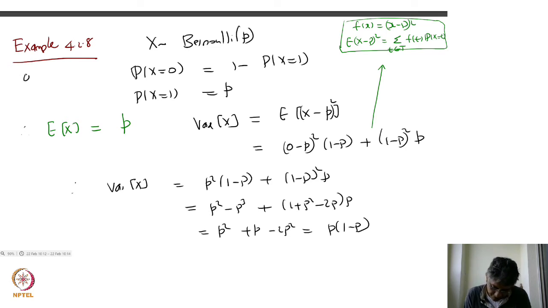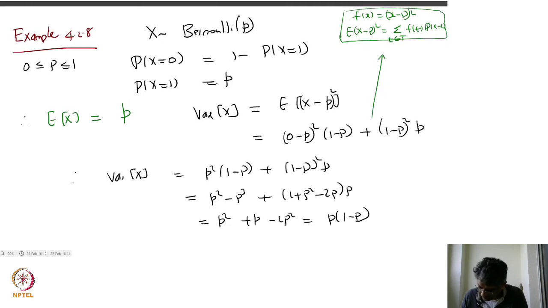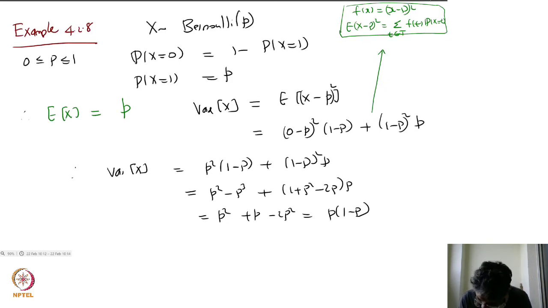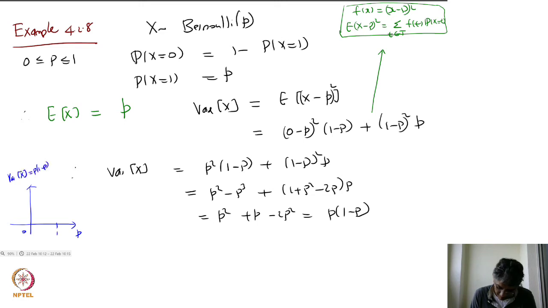So here p was between 0 and 1. Think a little bit like this: if you look at the variance of X as a function of p, 1 is here, 0 is here, and this is p, and you think of the variance of X as a function of p, that is p times (1 minus p). We'll mark this in green.